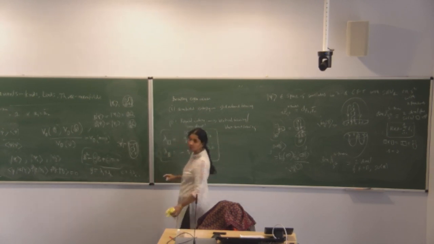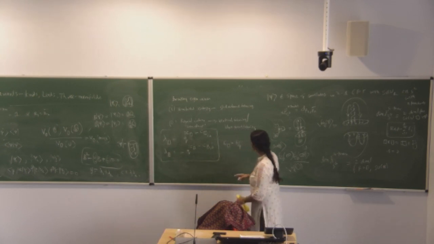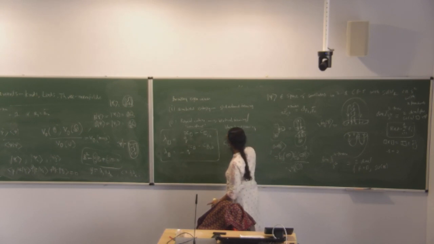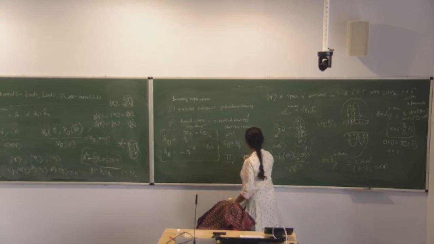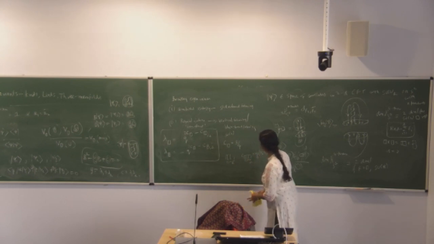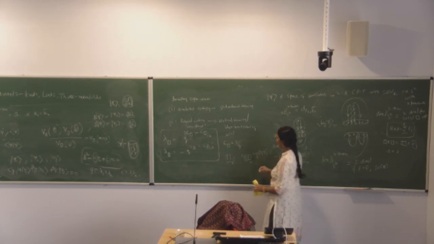I'll leave it to you to put these numbers in, where C of a single box is 3 by 4. Technically, for SU2, if there are n boxes, then C of n boxes is n by 2 into n by 2 plus 1. So if you put n to be 1, you will get 3 by 4.